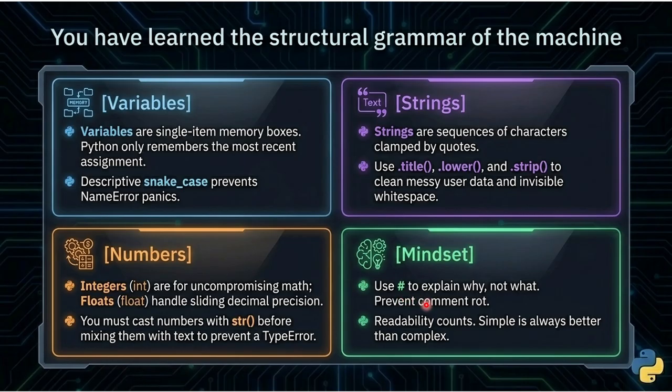For comments we start with the hash symbol, and we should keep in mind that readability counts, so simpler is always better than complex. So that's it for this presentation. Thank you.